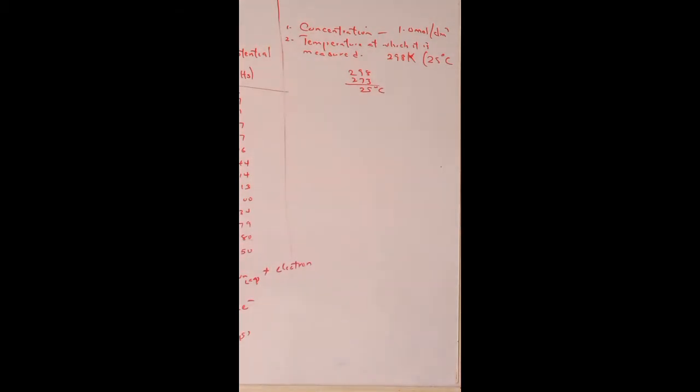That's that. So the potential difference of any solution whose concentration is 1 mole per dm³ and at temperature 298 Kelvin is called standard electrode potential.